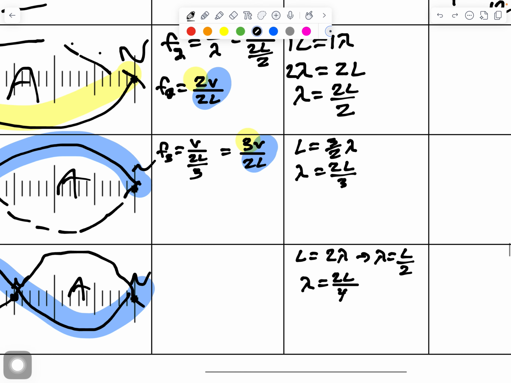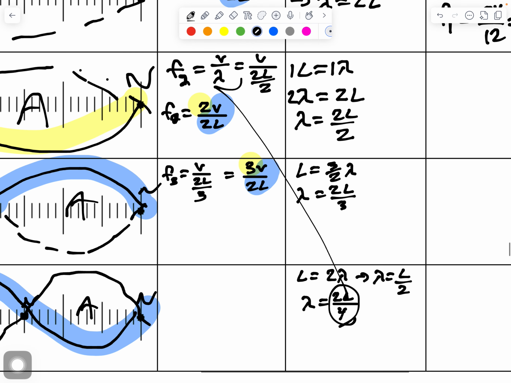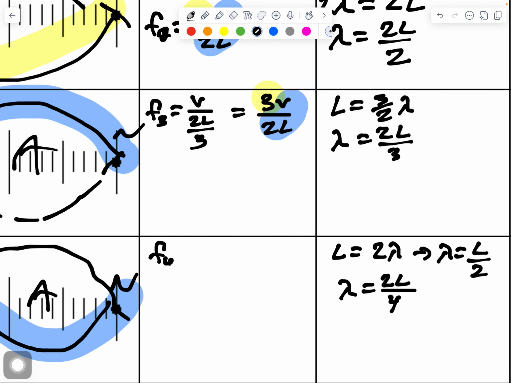So I'm going to plug that right in here, and I get V over 2L over 4, which would be 4V over 2L. Still follows the same pattern.